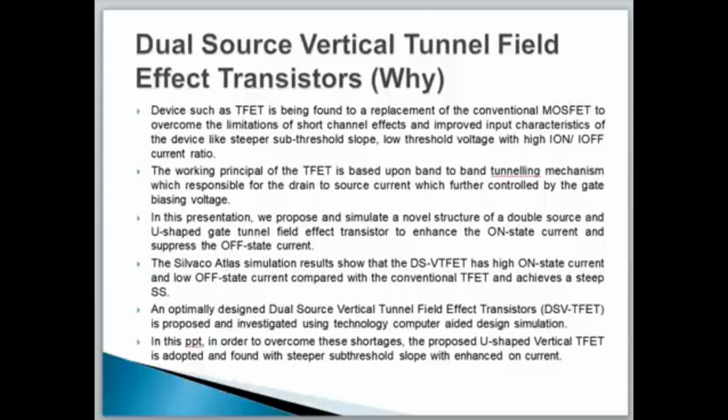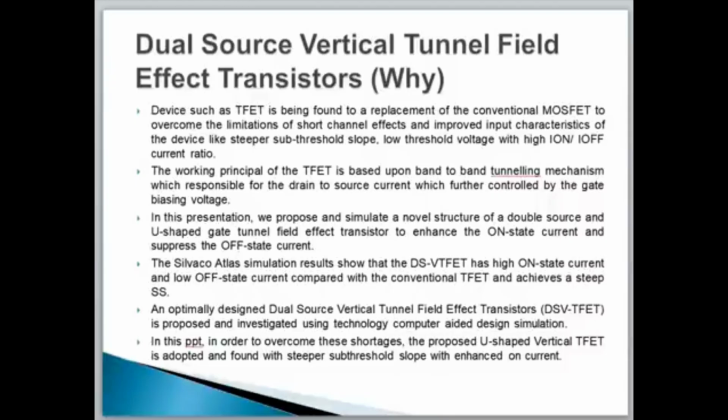In this presentation, we propose and simulate a novel structure of a double source and U-shaped gate tunnel field effect transistor to enhance the on-state current and suppress the off-state current.